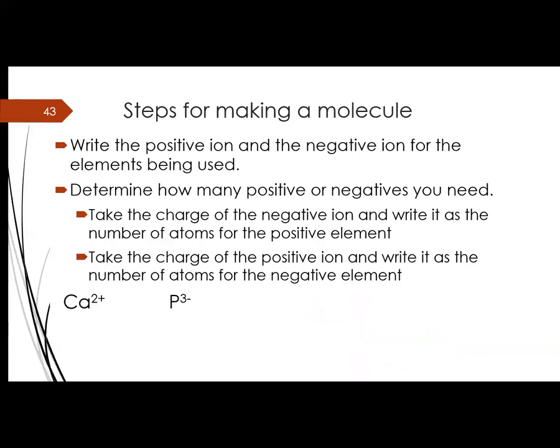One way to do that is what we call the cross-multiply system. You take the number of the charge of the negative ion and you put it behind the symbol of our positive cation. You then take the cation's charge and you put it behind our anion. I call it the crisscross method because you basically criss and cross them.